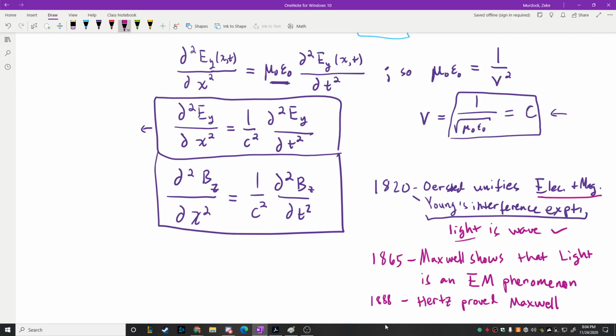And then just a little bit after that, Planck discovers the idea of a quantum of energy, and then Einstein describes the photoelectric effect, and then quantum mechanics comes out. It's just this rapid fire, very, very fast paced development of science that occurred during the 19th century.